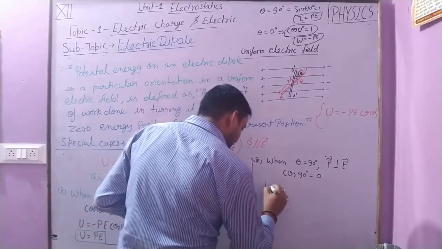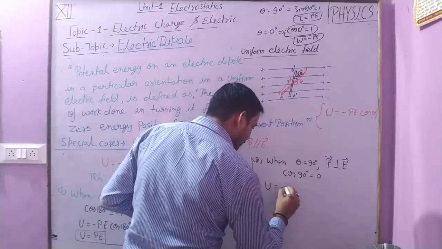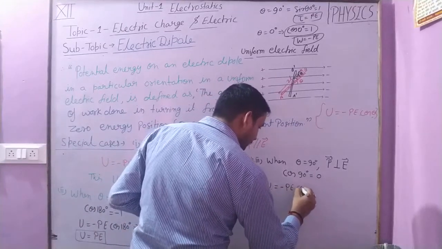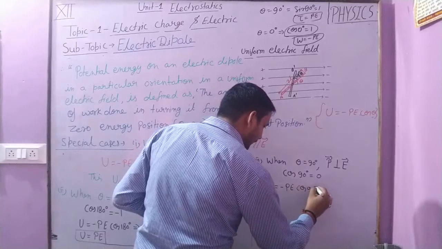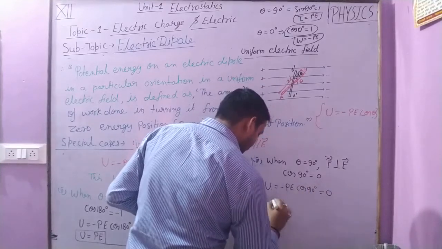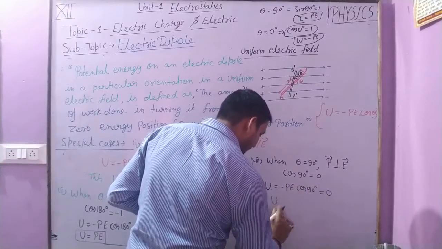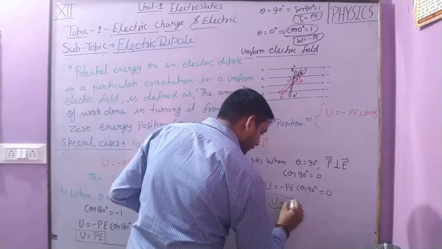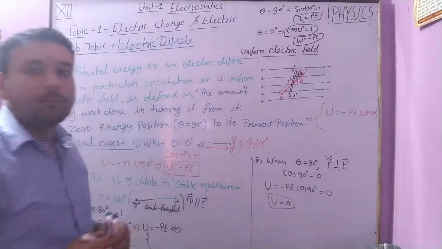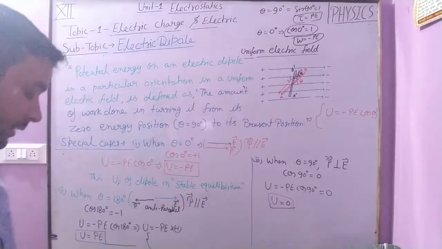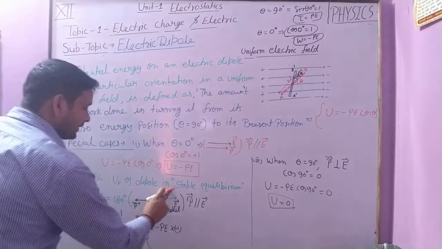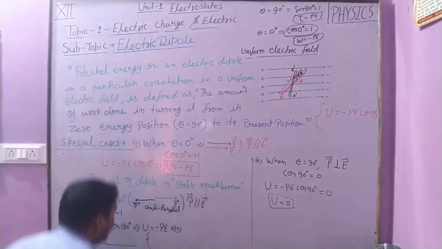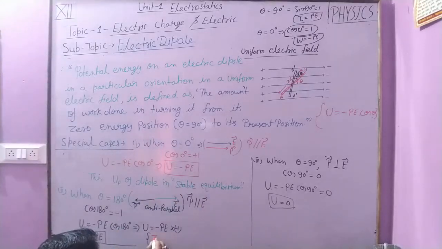For this case, we get U is equal to minus PE cos 90 degree, which is equal to 0. So this is the value of potential energy when vector E and vector P are perpendicular to each other. This is the stable equilibrium condition and this is unstable equilibrium.